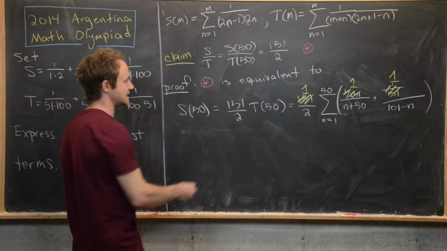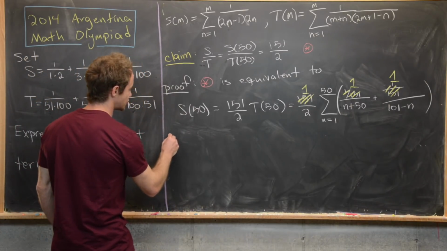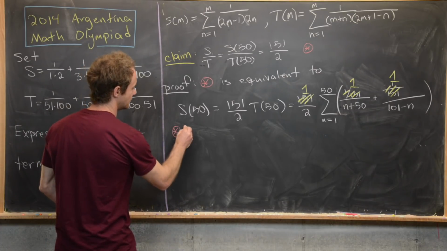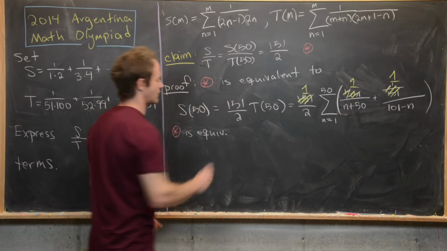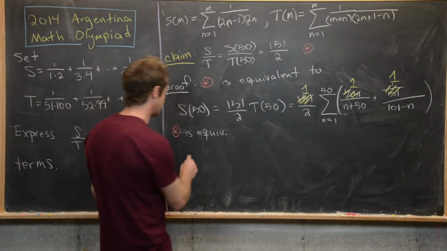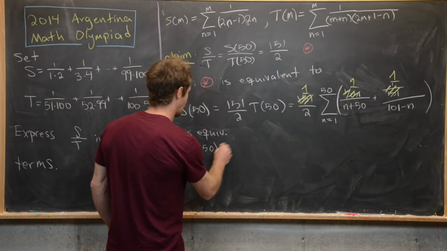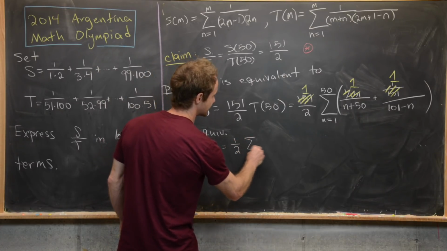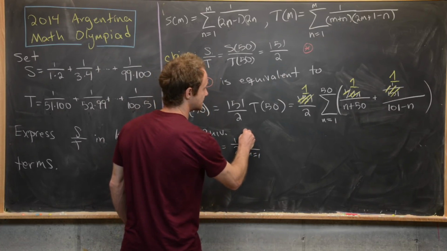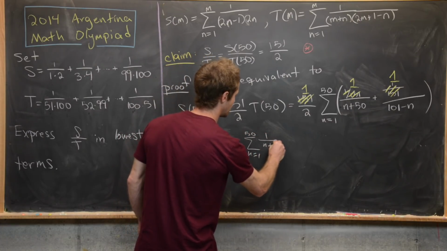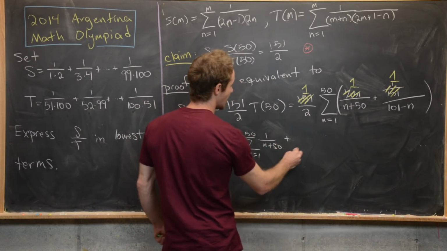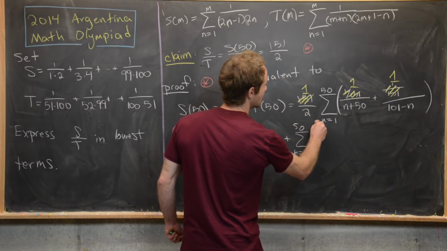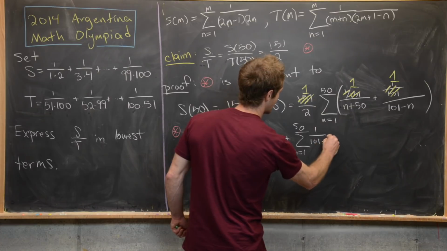Great, so that means that what we really want to show, and I should say maybe star is equivalent to this statement right now, which is a little bit simpler and looks like S evaluated at 50 equals 1/2 times the sum as n goes from 1 to 50 of 1 over n plus 50 plus the sum as n goes from 1 to 50 of 1 over 101 minus n.